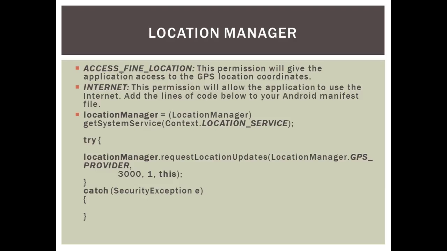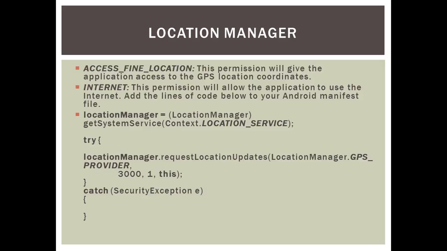The access fine location permission will give the application access to the GPS location coordinates. That means your app gets access to the GPS location coordinates, and it happens when you have internet.